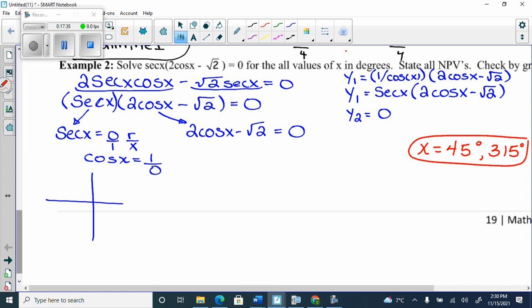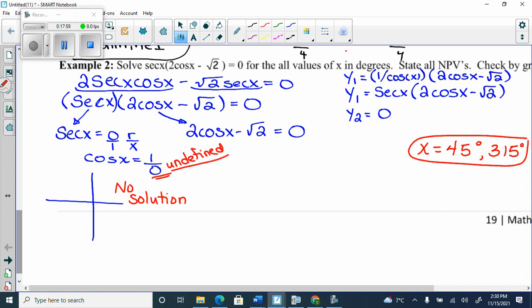So when you see this cos is undefined, and you're like, cos isn't undefined anywhere, it's a continuous graph, you're okay with saying no solution. This creates no solution. There are no points where it's undefined, because this is undefined, correct? Undefined means asymptote. Is there any asymptotes on a cos graph?